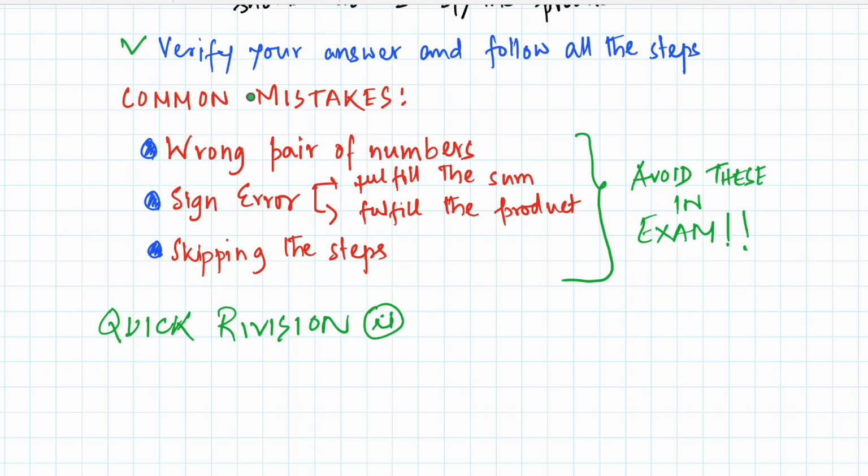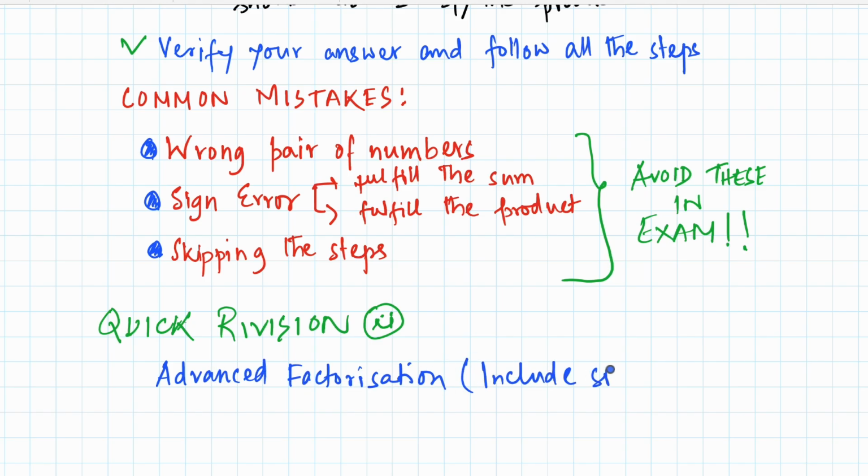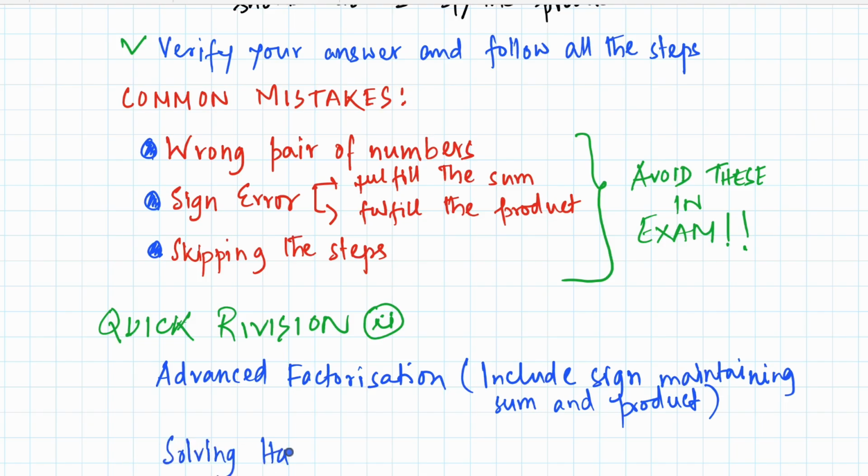Now the quick revision. What we have learned so far: we have worked out different advanced factorizations, which include different signs in the middle term, plus and minus, and also the product a into c, and solving the harder problems.